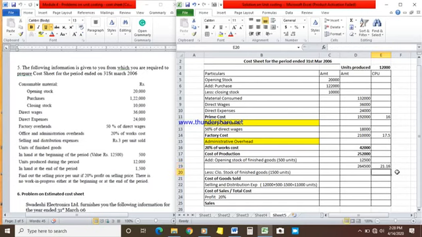Okay, so if I divide this by 12,500, I get 21.16. The reason why we are dividing it by 12,500 is, for the 2,50,000 cost of production, when you add the opening stock units, 12,500 value is added, and this amount is going to be divided by now not just 12,000 but 500 units also gets added, which comes to 12,500.